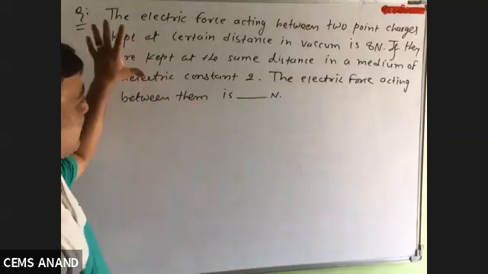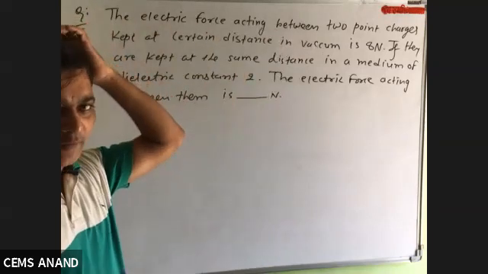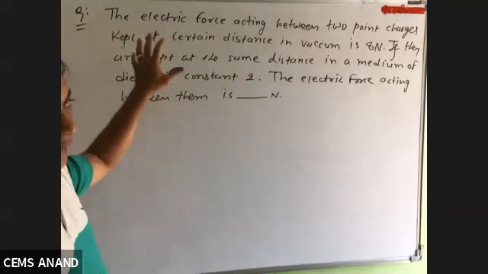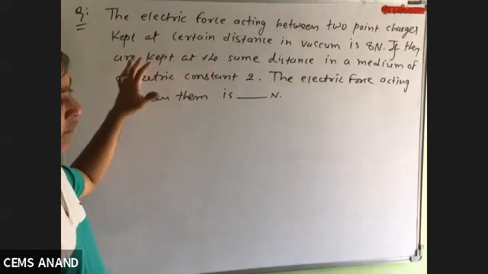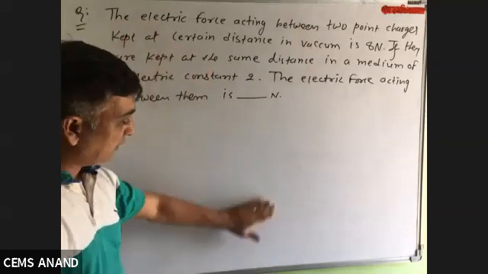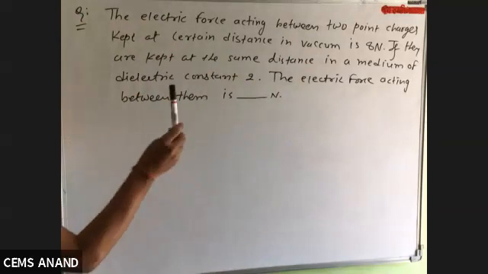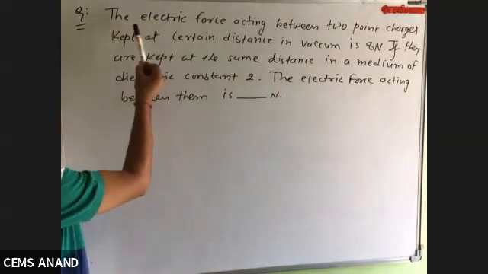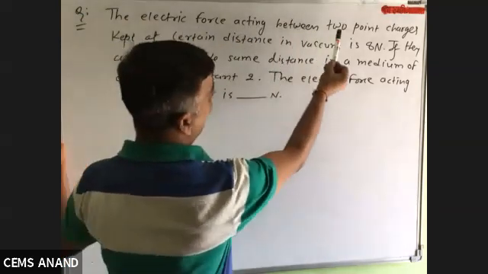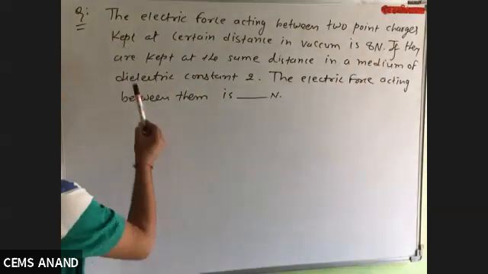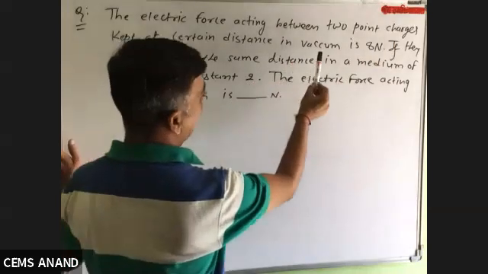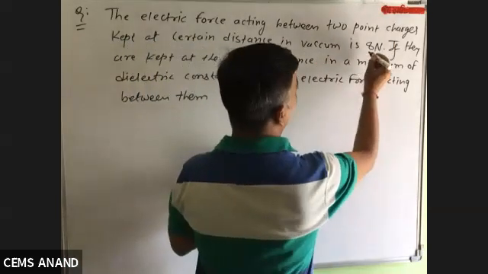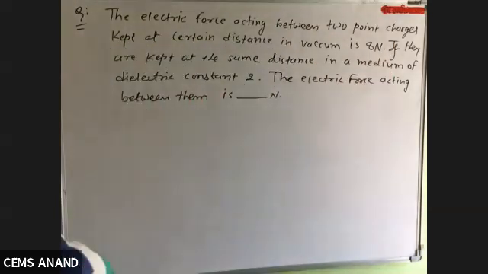I wrote this problem previously to save our time and we are going to start from this one today. Let me read the question again. The electric force acting between 2 point charges kept at a certain distance in vacuum is 8 Newton.